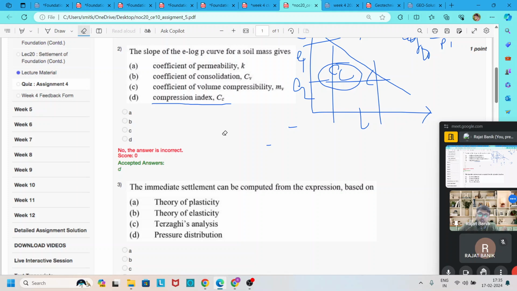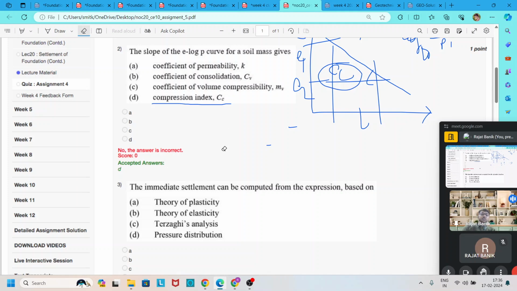Options given are theory of plasticity, theory of elasticity, Terzaghi's analysis, and pressure distribution. If you remember, in lecture 17 we derived this formula based on the elastic theory. The immediate settlement we also call the elastic settlement. So our correct option is option B.